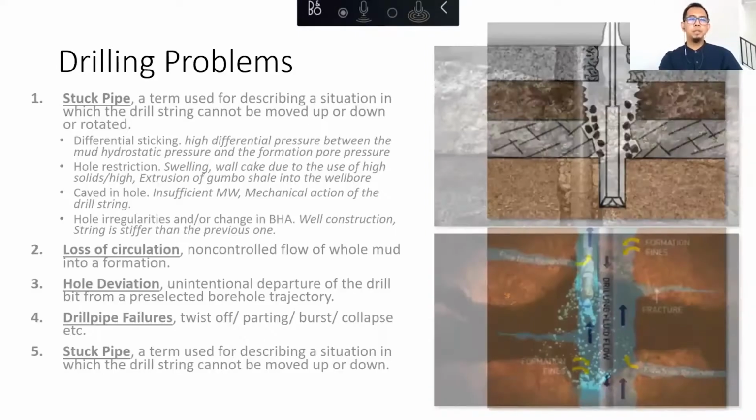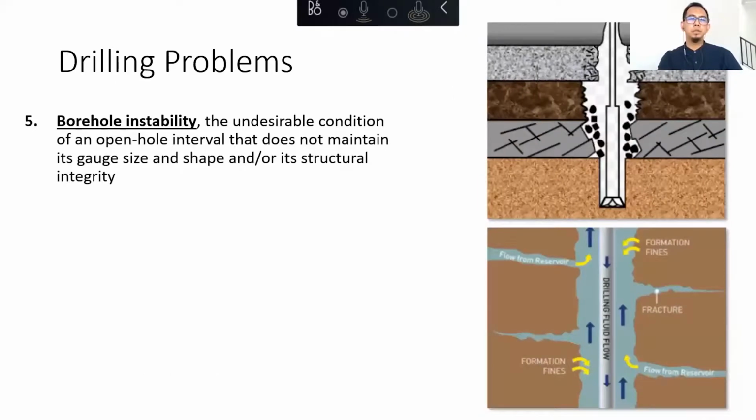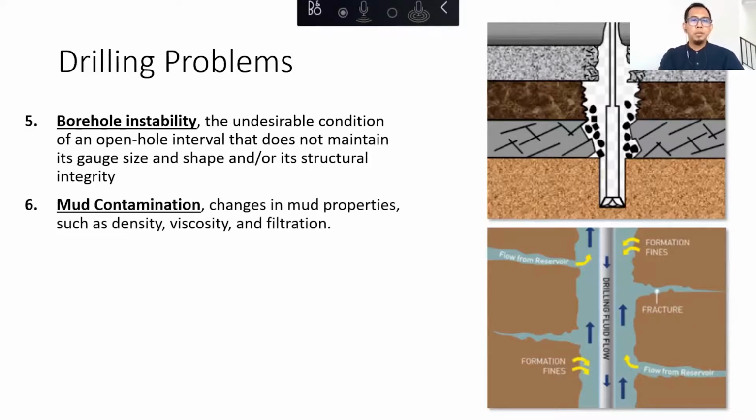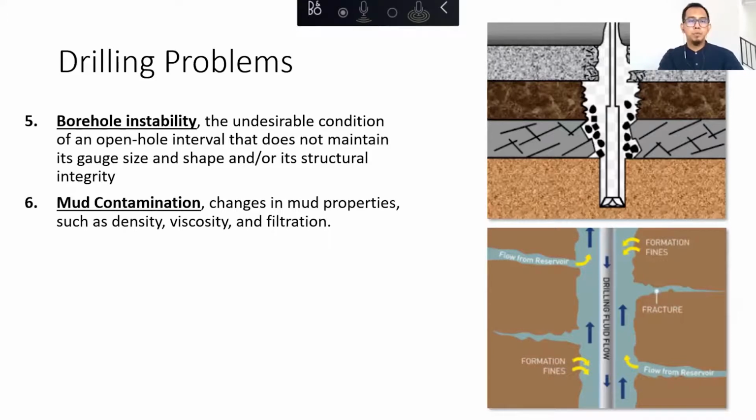Borehole instability is the undesirable condition of a wellbore falling into the annulus, which might create a stuck pipe in the end. Mud contamination is changes in mud properties such as density, viscosity, and filtration.